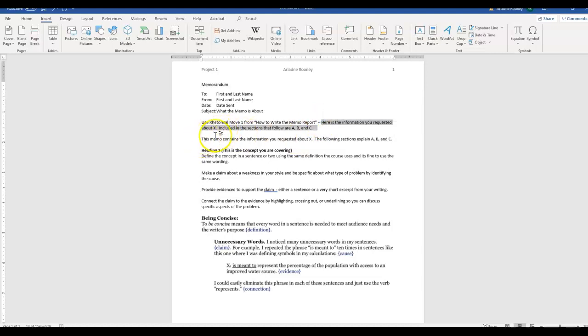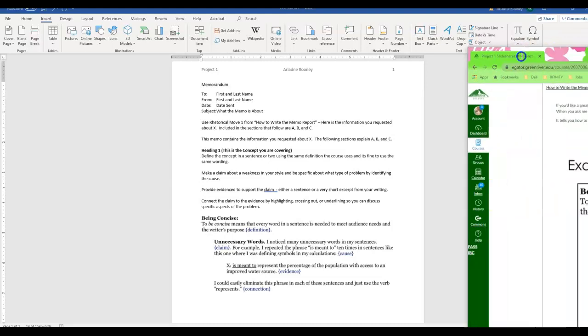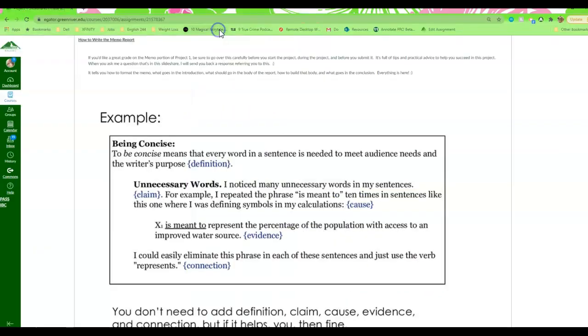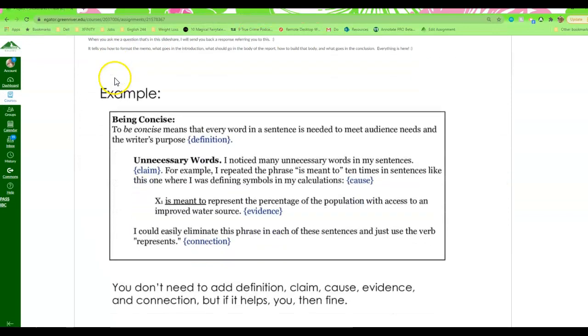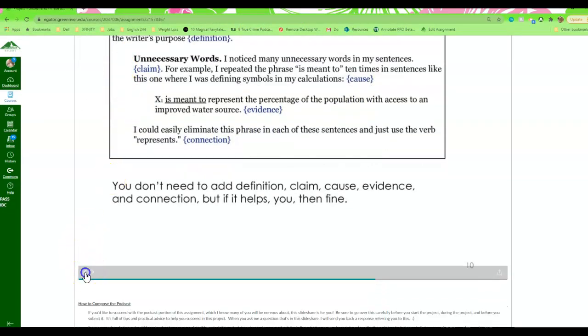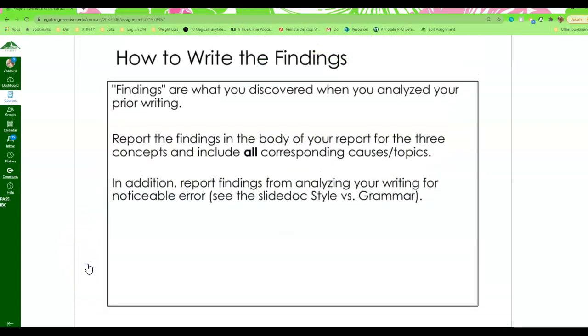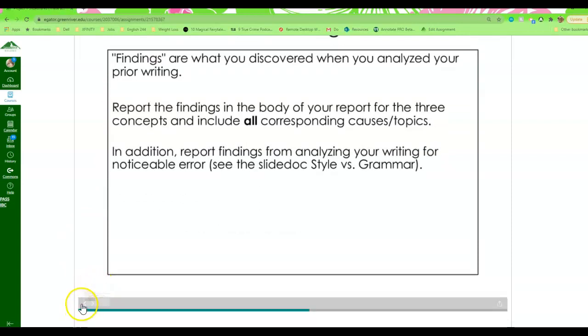The other rhetorical move is: this memo contains the information you requested about X. If you are wondering where to find these, you can find them in the Project 1 slide shares. I'm going to see if I can drag this over: these Project 1 slide shares, the how to write the memo report slide shares that are in this big pile of slide shares that you had to read.